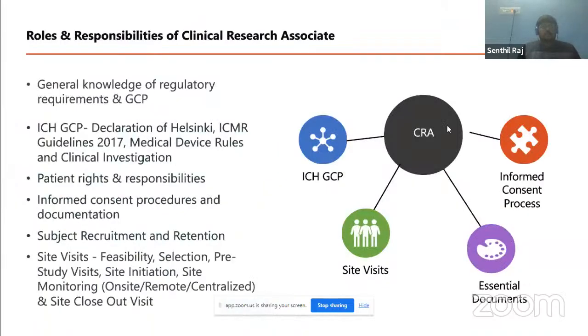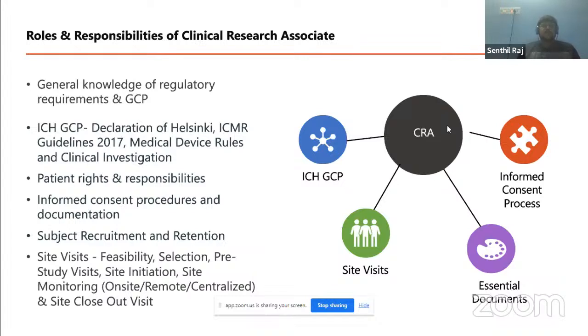Okay, then for roles, the CRA will mostly be overseeing the site. The first thing for a CRA is assessing the site: feasibility, how the site can enroll, how the pre-study will be done, how many patients they can bring from that particular site, and how many visits are planned to get proper data.